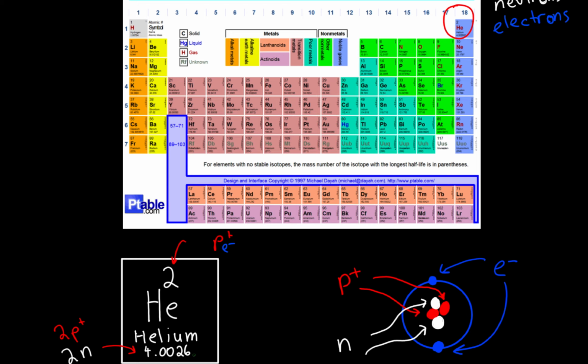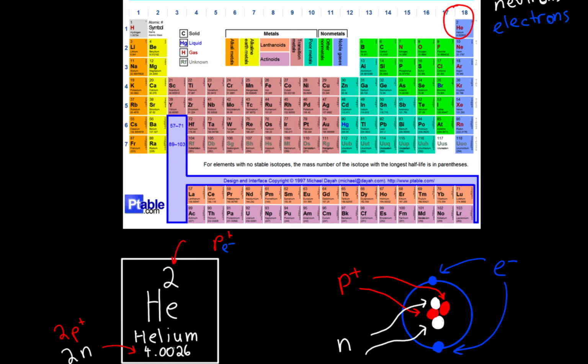It's the average of the weights of helium atoms found out in the world. So not all helium atoms will have the exact same weight, as goes for other elements. They will not all have the exact same weight. And this is because the number of neutrons is sometimes a little bit greater or a little bit less than the value we would expect. And that's why we put an average.